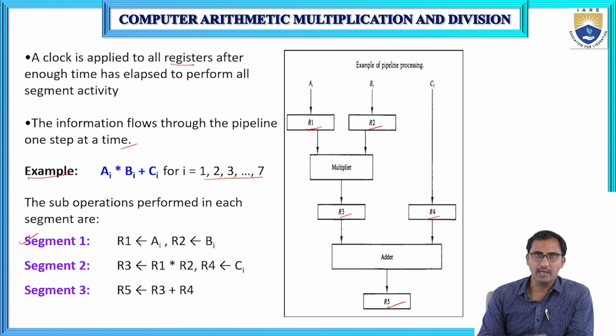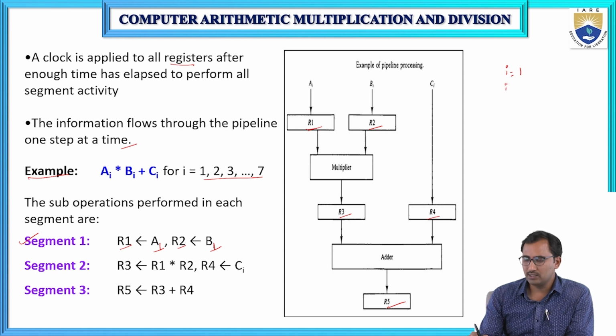In the first segment, the values will be loaded into the registers. During the first segment, Ai will be loaded into the R1 register and Bi will be loaded into the R2 register. Since i is equal to 1 to 7, initially i will be 1, so the A1 value will be loaded to R1 and the B1 value will be loaded to R2.